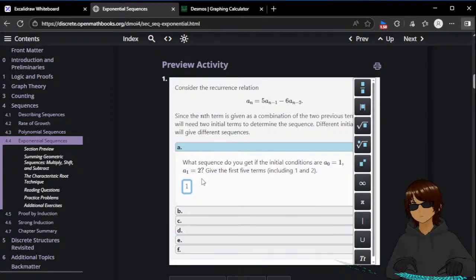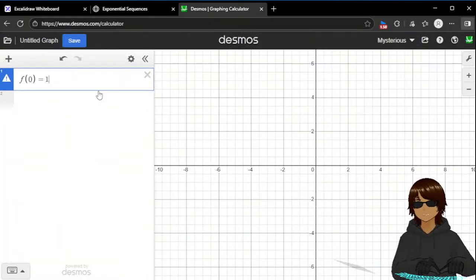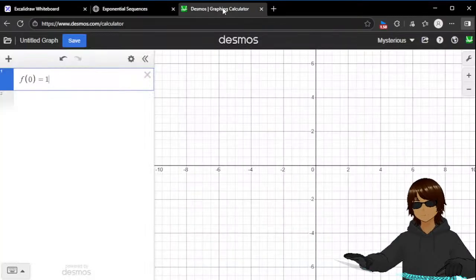Okay, so 1, 2. So what do they say? Can I use decimals for this? F of 0 is 1. F of 1 is 2.